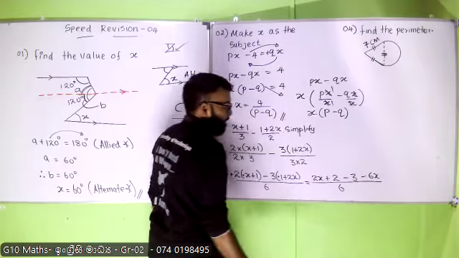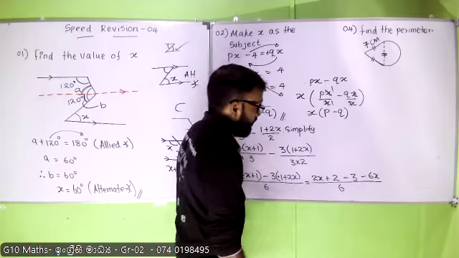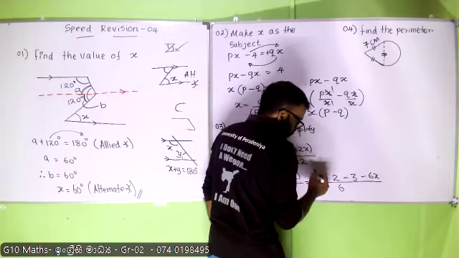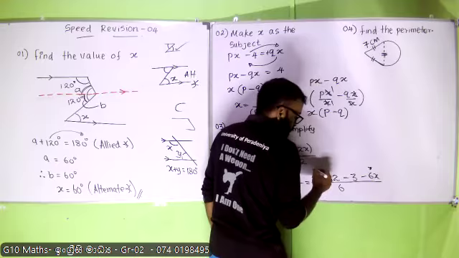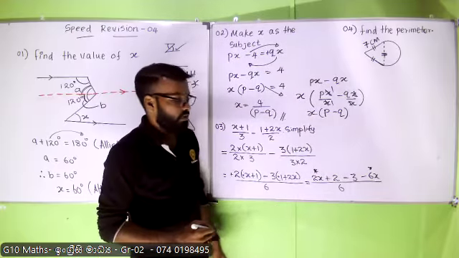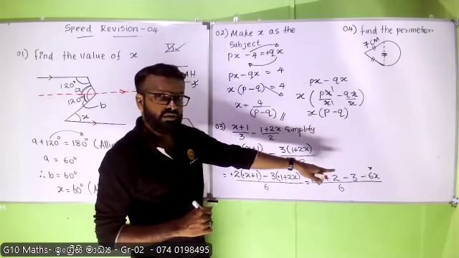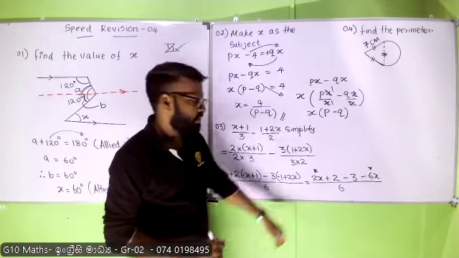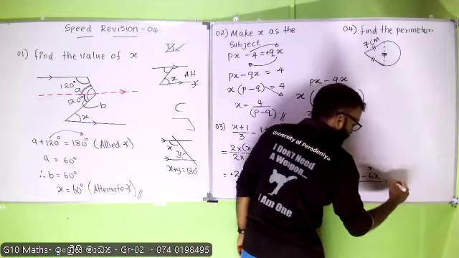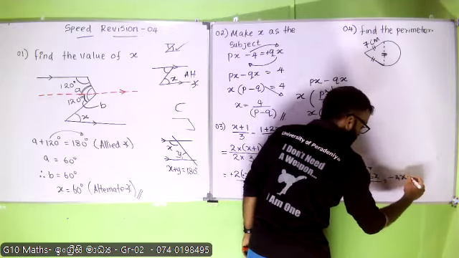Divide by 6. Simplify like terms. 2x minus 6x: 2 minus 6, the bigger is 6 and it is negative, so the value is minus 4. The final answer will be minus 4x.